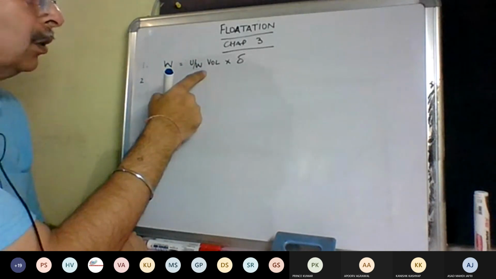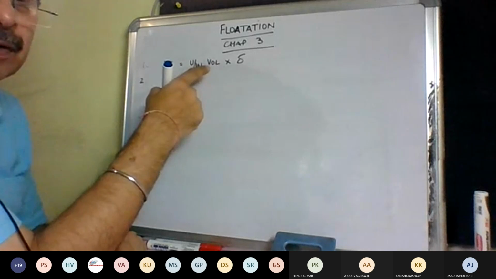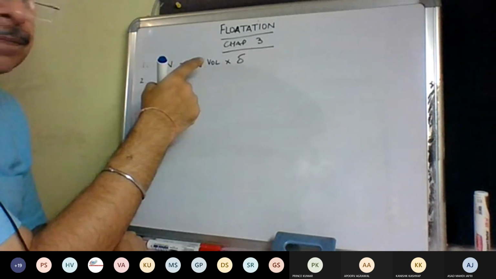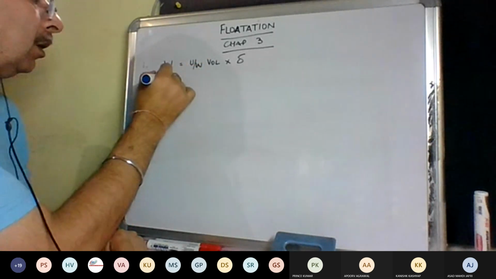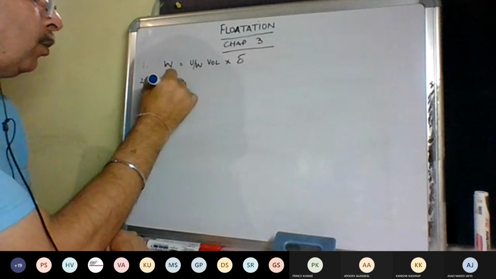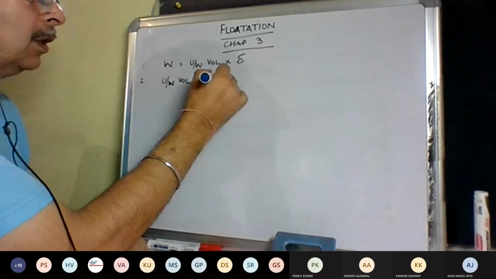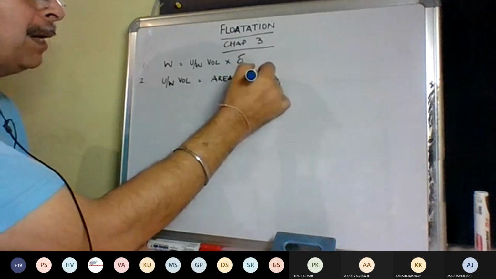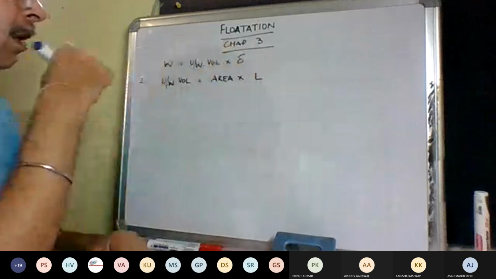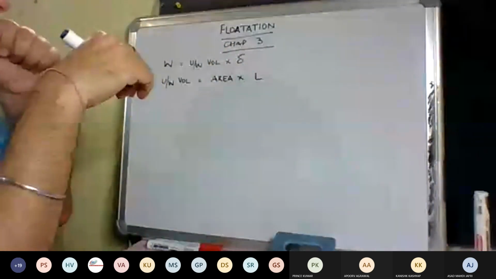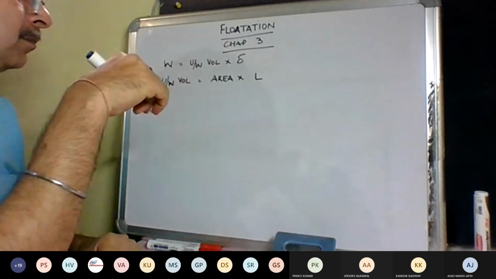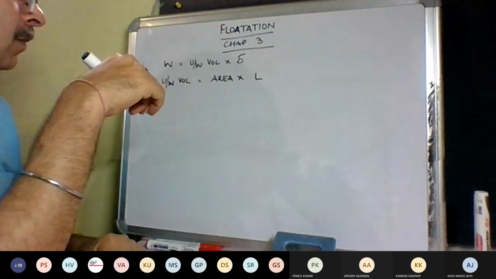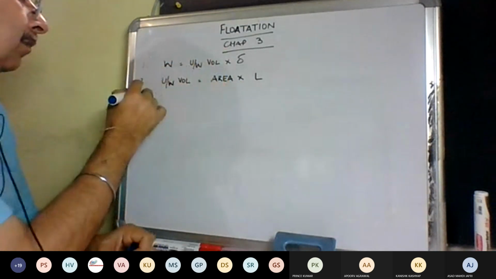Whatever shape you have, the underwater volume will be equal to underwater area of cross section multiplied by the length. That will give you the underwater volume.